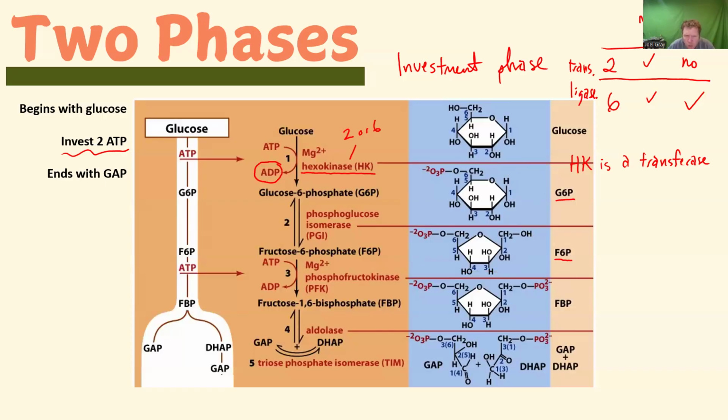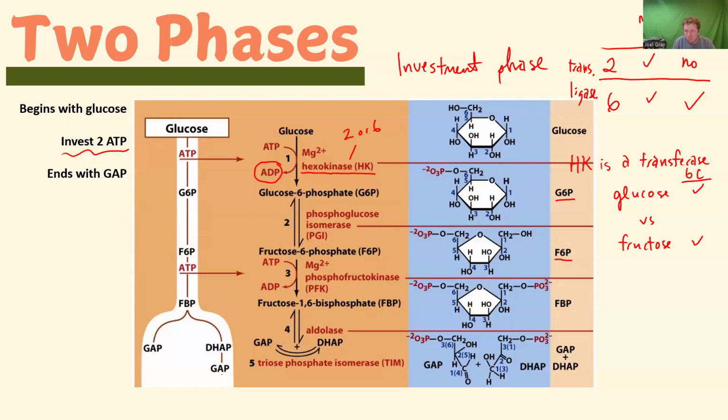Okay, so does anyone know the difference between glucose versus fructose? Well, do they both have 6 carbons? Yes. One is an aldose and one is a ketose. So they're isomers of one another.